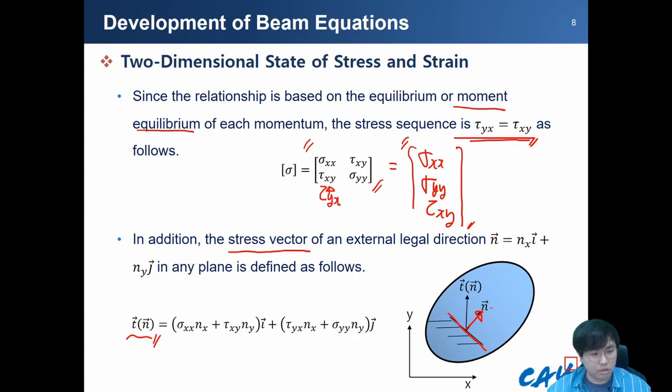Here n is the normal vector of the specific direction. To define some surface, you should know that n is a point, and then a normal direction, so in a similar manner, the traction forces can be defined like this.